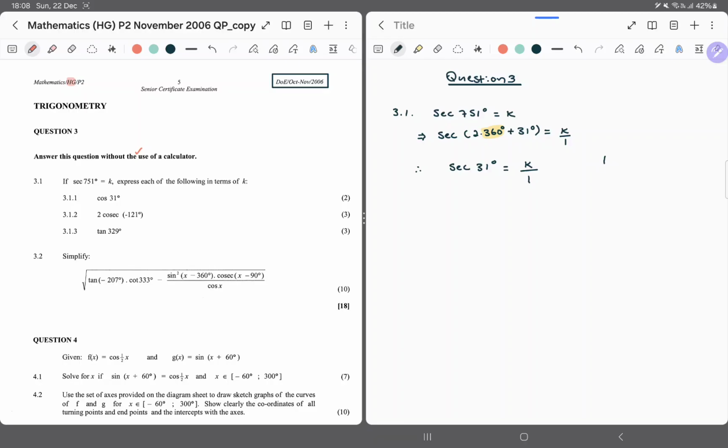Now we draw our terminal arm diagram, so we know this is in the first quadrant. So this is x, y, origin, and that is our terminal arm on the Cartesian plane. Great, so we know that this angle is essentially 31 degrees.